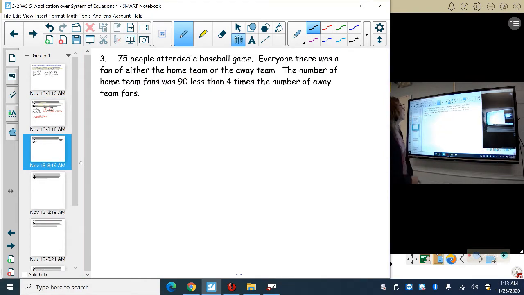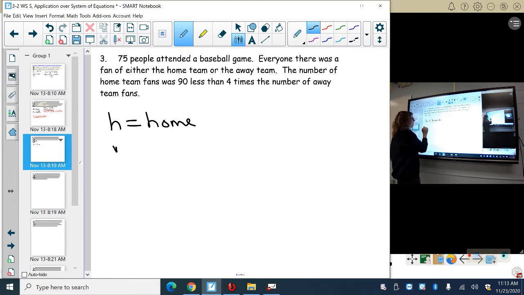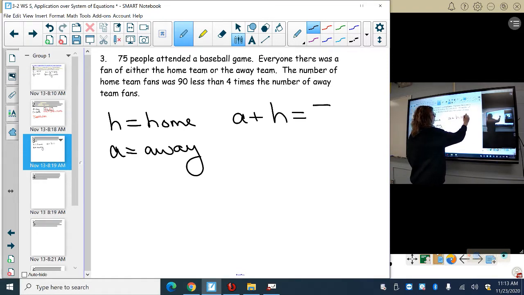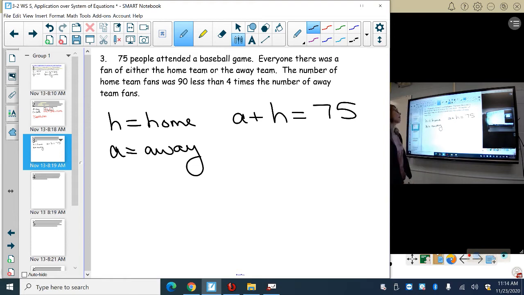Number 3, 75 people attended a baseball game. Everyone there was either a home team or for the away team. So I'm going to have H is equal for home and A is equal for away. So all of my away fans plus all of my home fans has to equal the total people there, which was 75.